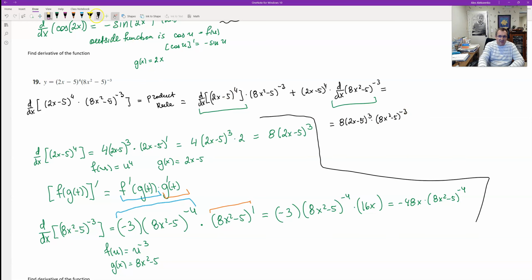So instead of plus, I will put minus, and I will have (2x minus 5) raised to 4. And from the second derivative, with a minus, I will have 48x (8x squared minus 5) raised to negative 4. And we would not simplify any further because I don't think any good simplification would result. We would just leave that expression as is.